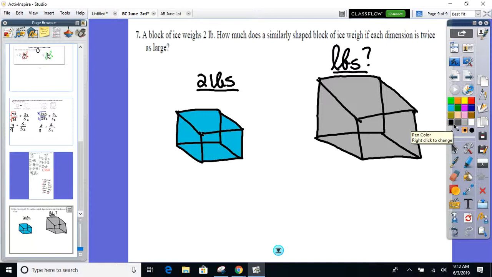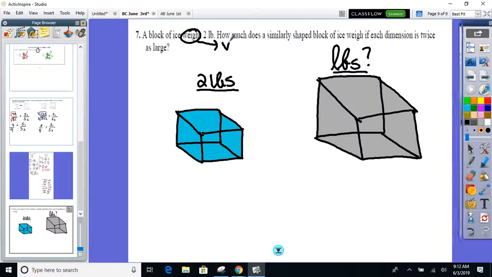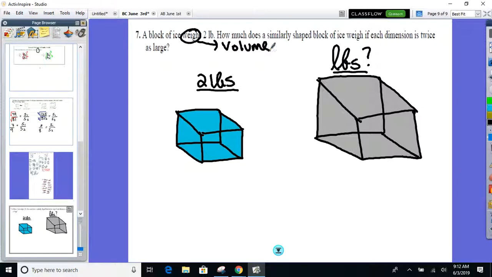I'm going to double each dimension, double the weight, right? It's not how this works with weight. With weight, we're talking about volume here. So it's just not as easy as just double it because I'm doubling the dimensions. So let's say this one is, let's just pick 6 inches. What's going to be the other dimension over here?